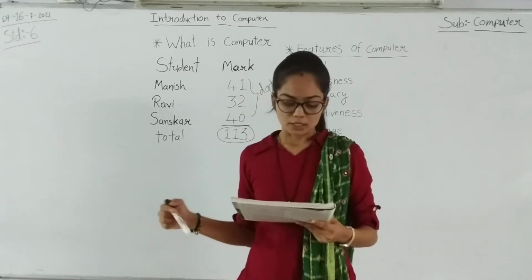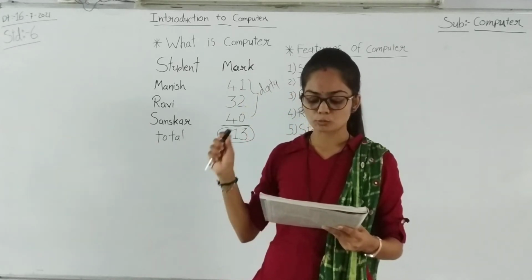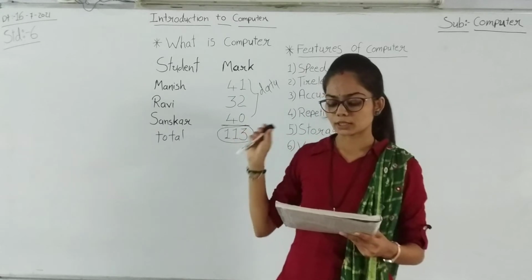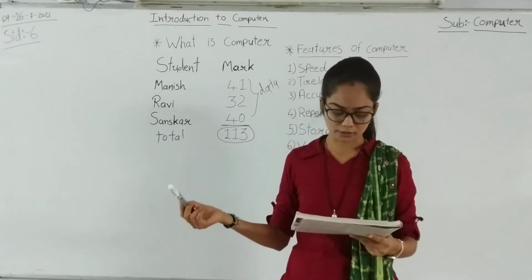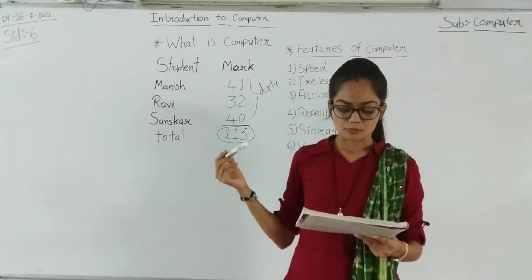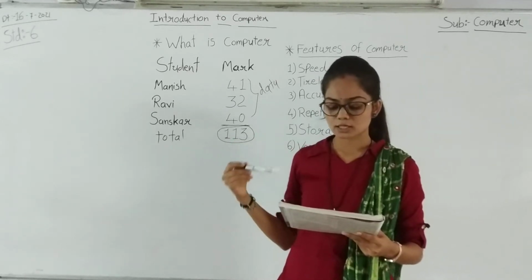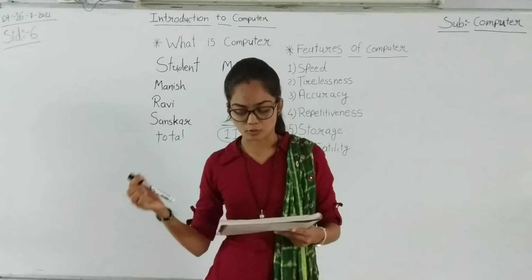For example, if you are asked to multiply 125 by 7, you will need a few minutes to give the answer, and that answer could even be wrong.